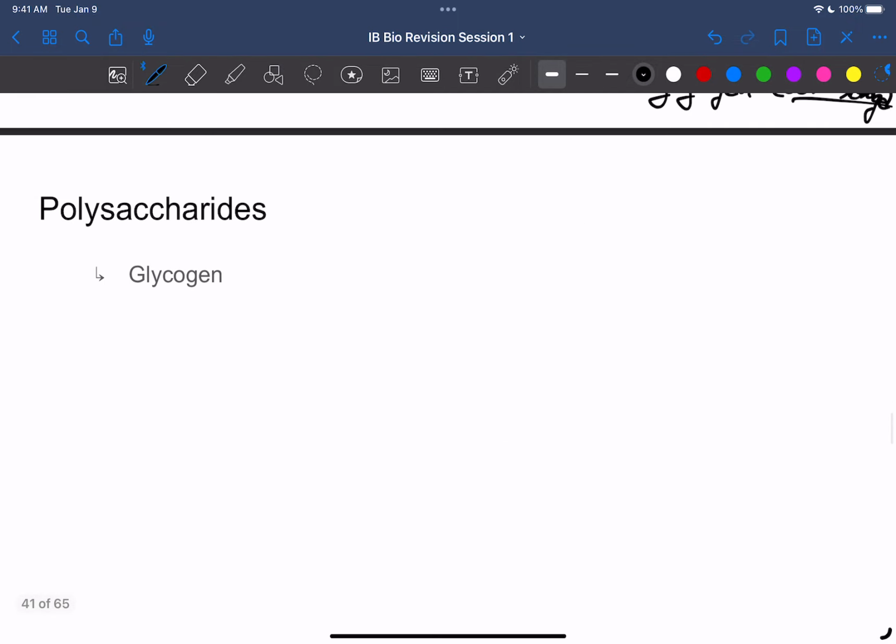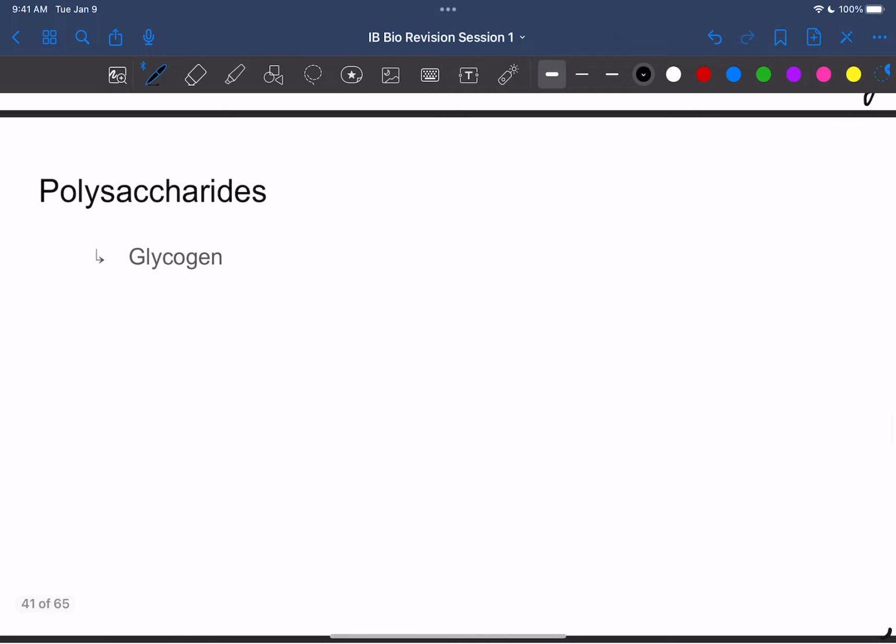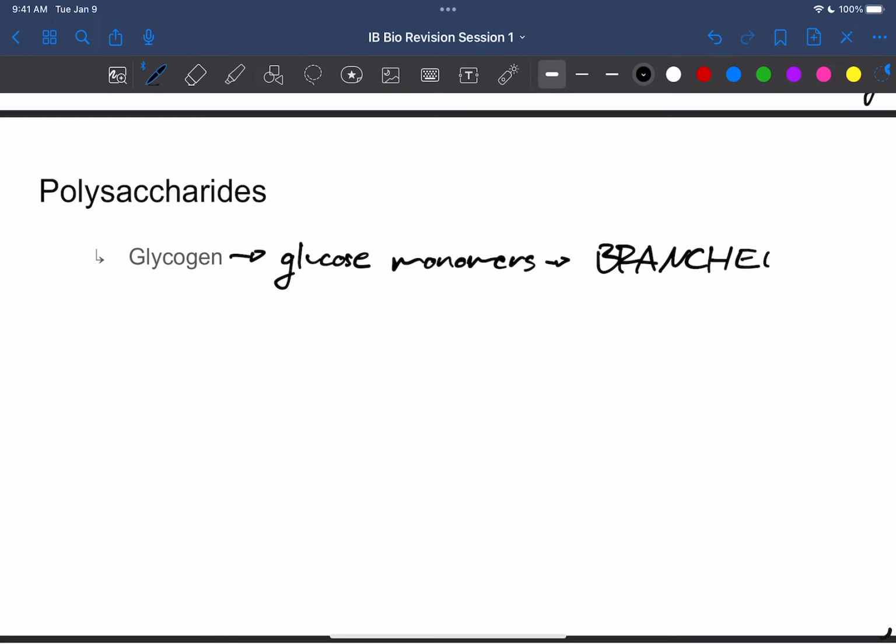Now, we have our own starch that we don't get in our diet usually, but it's our own storage form of glucose, and this is called glycogen. And this is also glucose monomers. And this one is branched as well. And it looks the same as amylopectin.